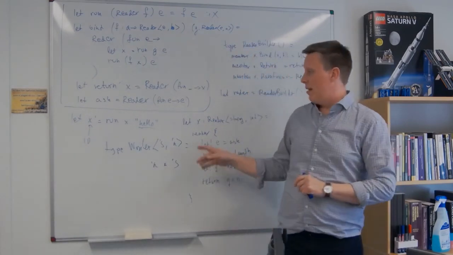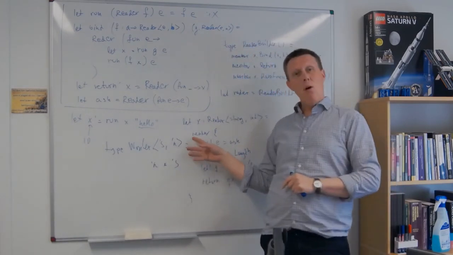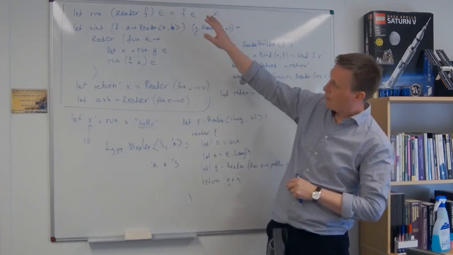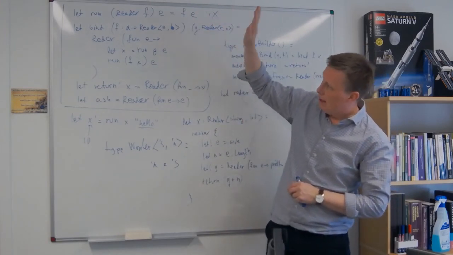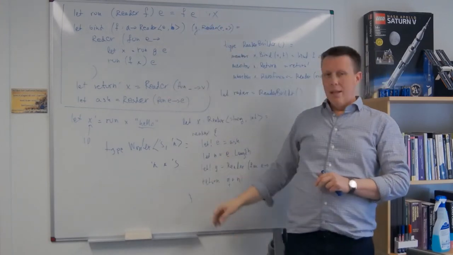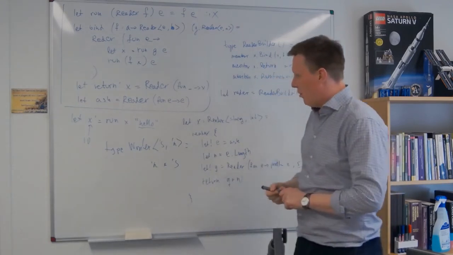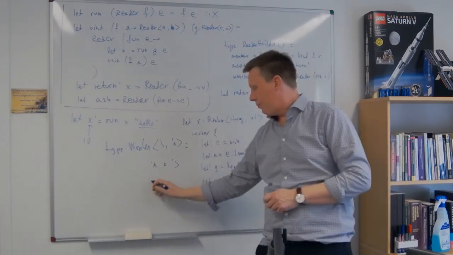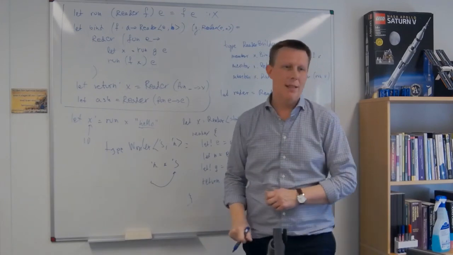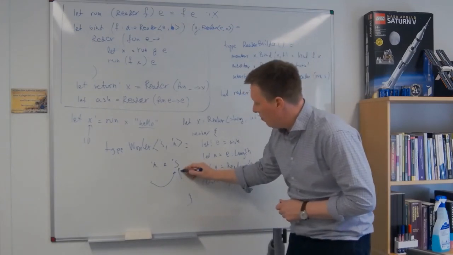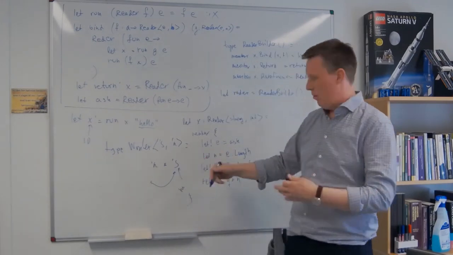And this one is again a write-only thing. So if you implement the bind and everything for this, you can implement a function which is tell, which will write into this S. And this S, of course, needs to be a monoid so that you can append to this as you go along.